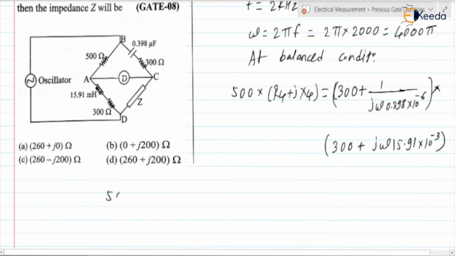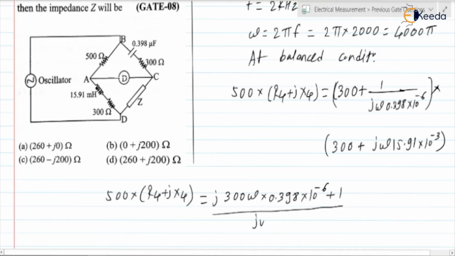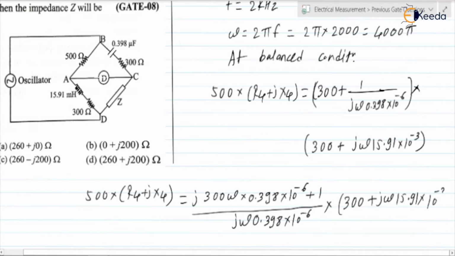So it is 500 into R4 plus jX4 is equal to 300, or we can write j into 300 into omega into 0.398 into 10 to the power minus 6 plus 1 divided by j into omega into 0.398 into 10 to the power minus 6, into the second term as it is, so it is 300 plus j into omega into 15.91 into 10 to the power minus 3.